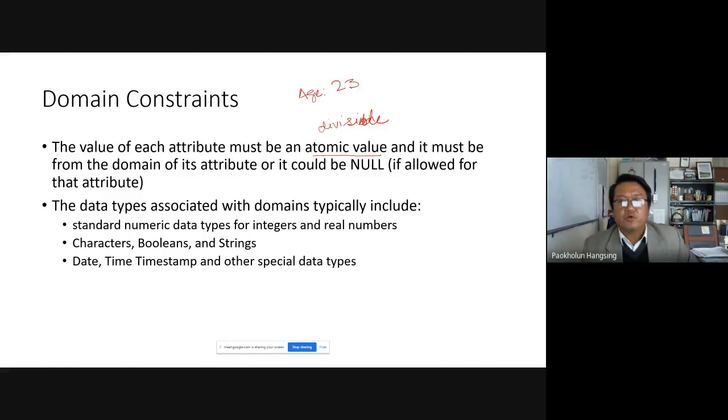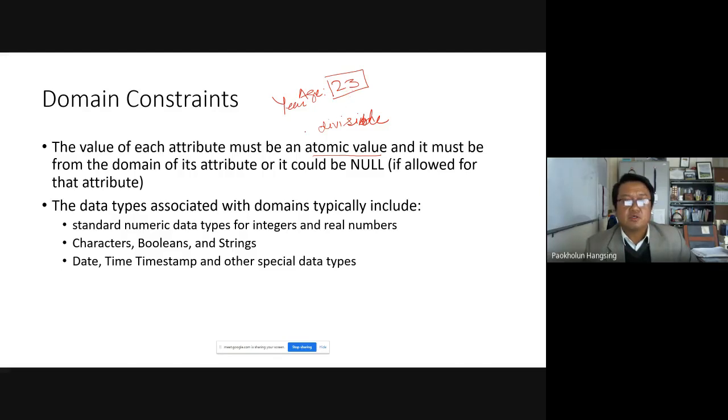We cannot divide this age in terms of years. But if the age is given in terms of months and dates and so on, then it is divisible. But in terms of number of years, for example this 23, the number 23 is no longer divisible.